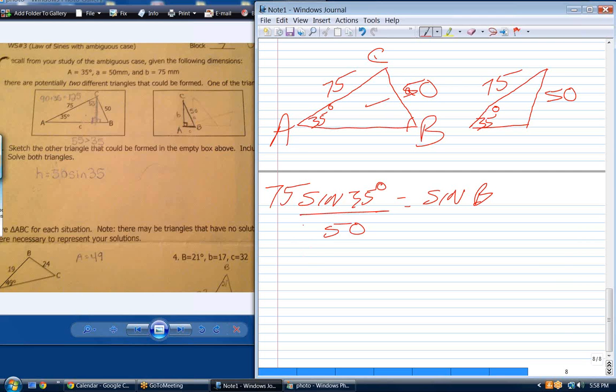Tell me what this thing on the left equals. It's 1.5 times the sine of 35 degrees.